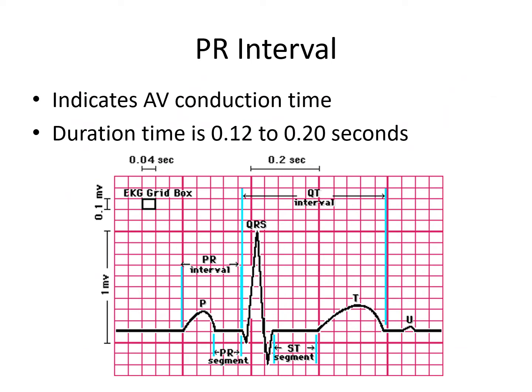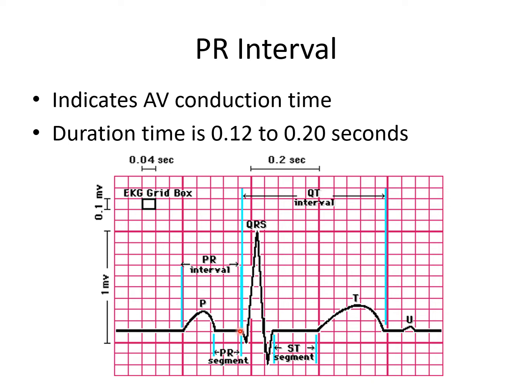The PR interval is the time in seconds from the beginning of the P wave to the beginning of the QRS complex, or as I like to say, until the first downward deflection, which represents the Q. It corresponds to the time lag from the onset of atrial depolarization to the onset of ventricular depolarization.